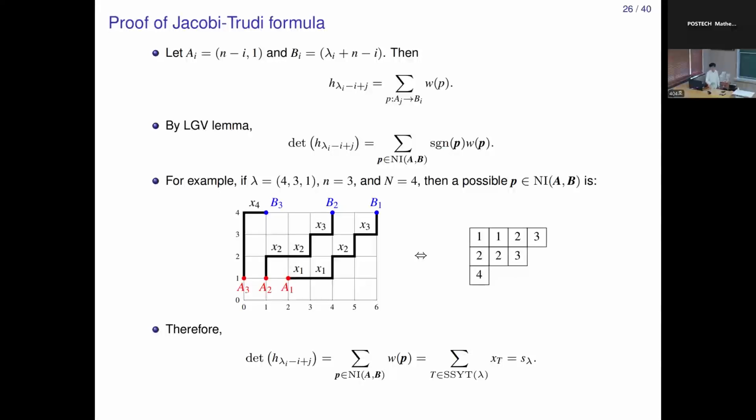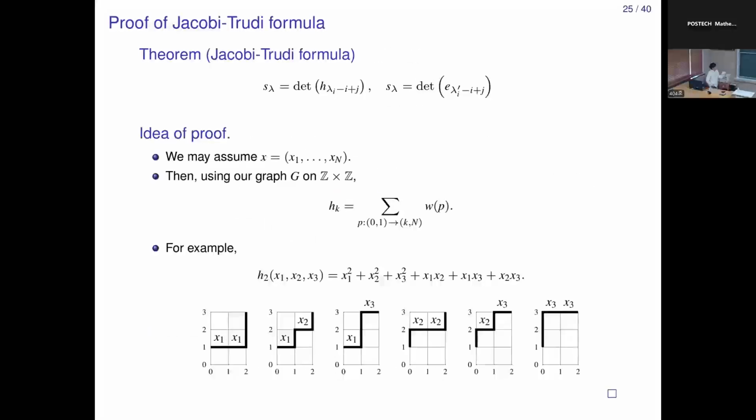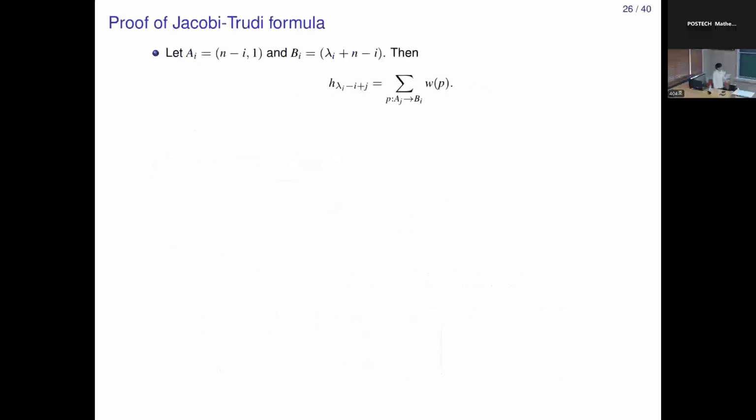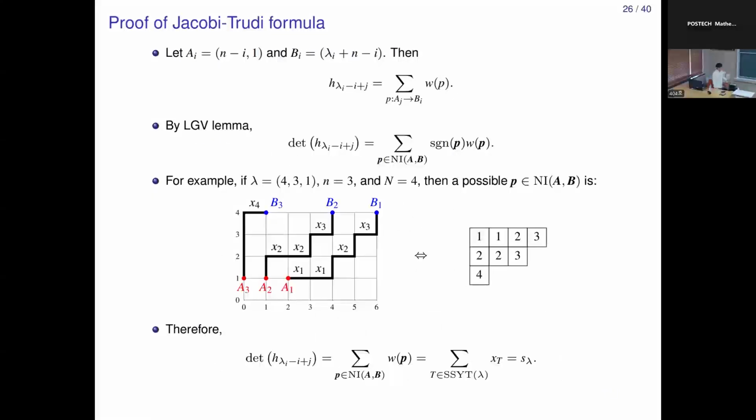This is the proof of the Jacobi-Trudi formula using the LGV lemma. And the other formula can be proved similarly, but we have to modify the graph a little bit. I'm not going to do that, but it can be done. Any questions so far?